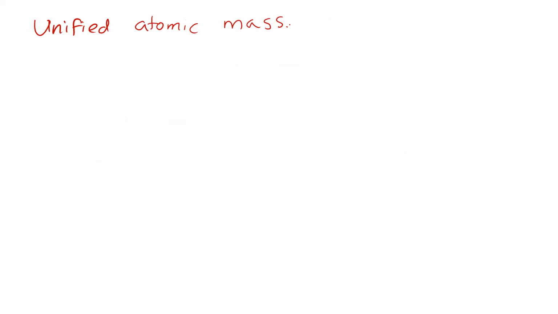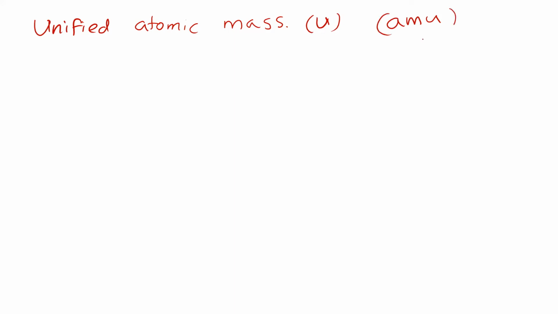So this unified atomic mass, we use U as a symbol. If you flip through old books, you will also find AMU as atomic mass unit. So earlier it used to be called AMU.